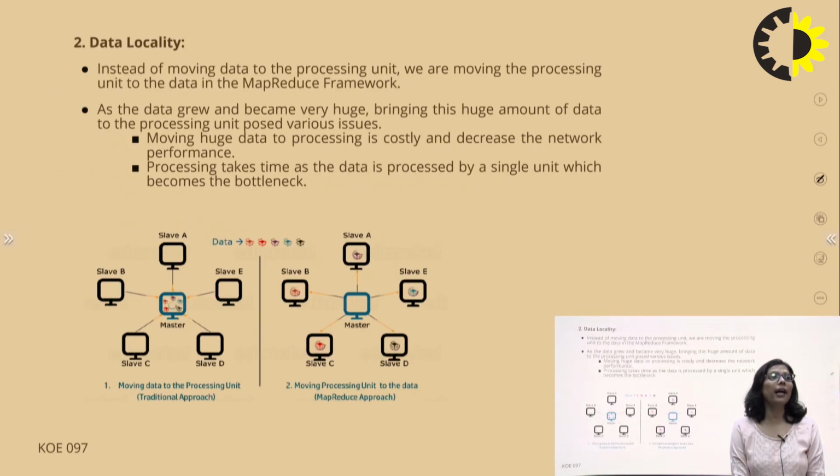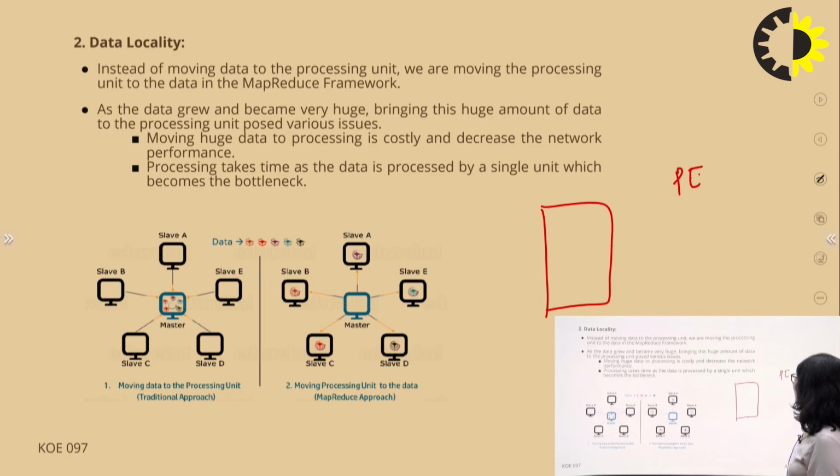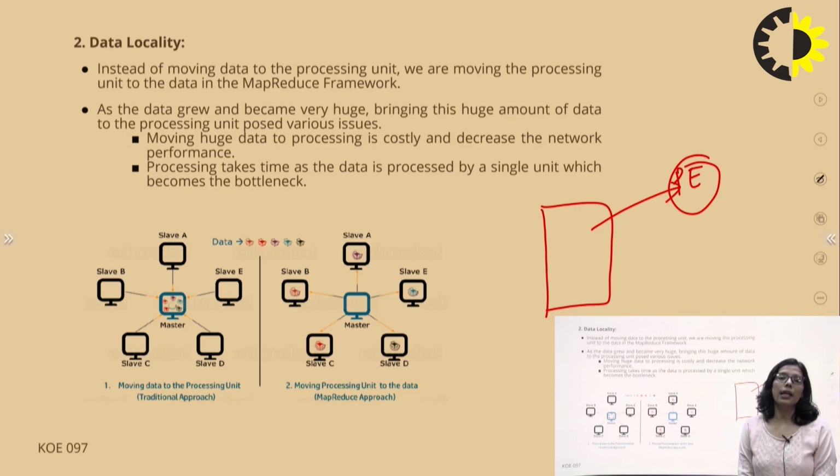Next is data locality. In previous times, suppose we had data located at one place and a processing logic located at another place. We were bringing the data to the processing unit to get it processed. But in MapReduce, we are doing the opposite. We are bringing the processing logic to the data.